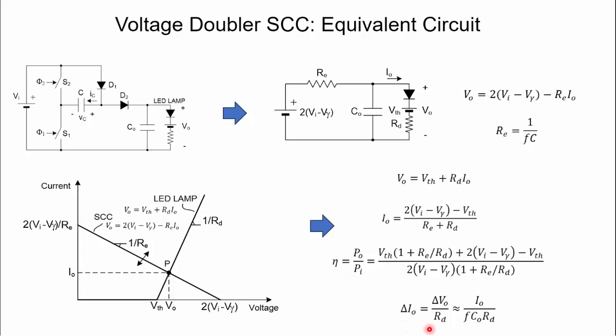Also, in the paper we have analyzed the operation and we can obtain the current ripple that we are going to have through the LED lamp. So it's the voltage ripple divided by the series resistance of the LED lamp, and it can be calculated using this expression.